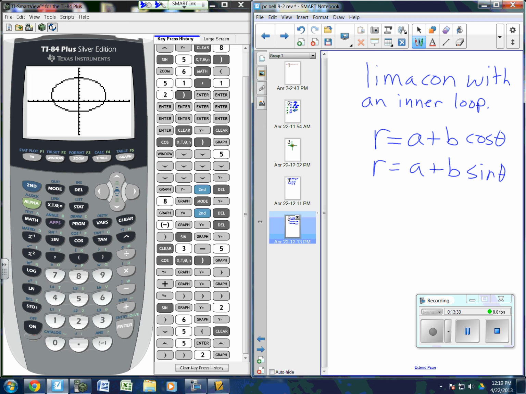And those make the inner loop. And in this case, you guys, to get the inner loop, what do you have to have? A bigger than B or B bigger than A? B is greater than A, right? The absolute value of B is greater than the absolute value of A. Okay?